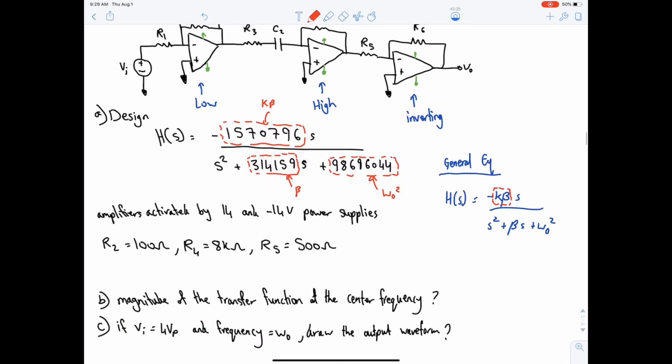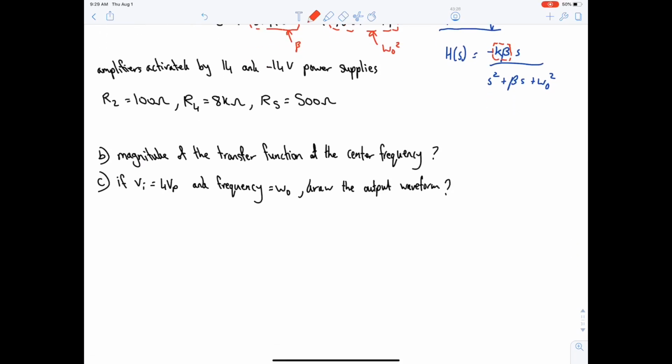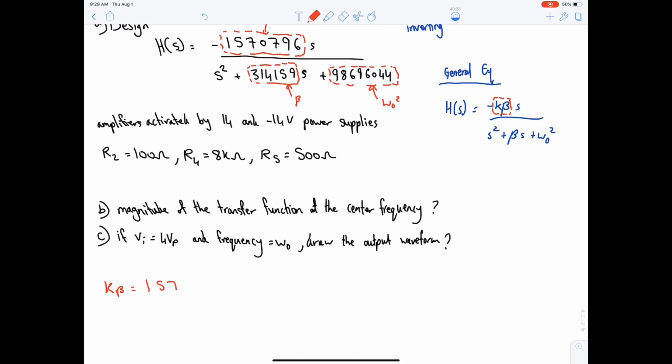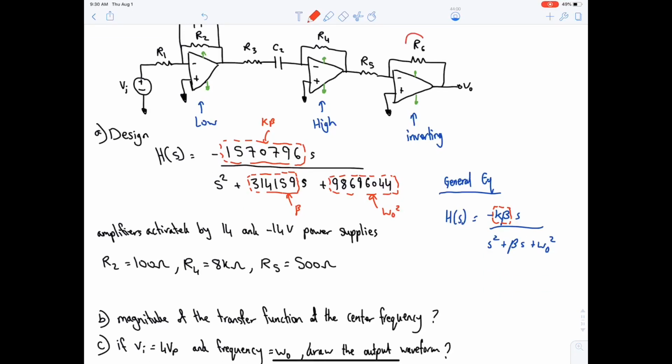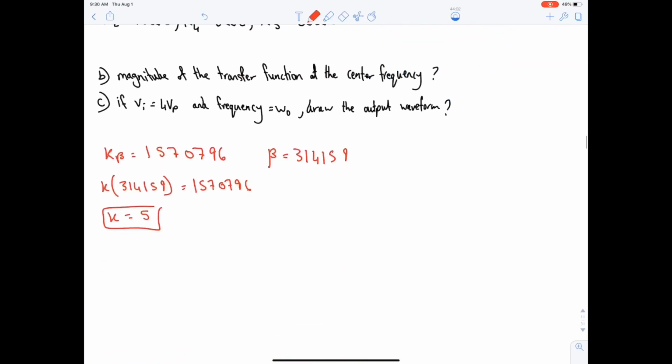So how can we find the gain? Look here. We have K beta equal to this long number, 1570796, and beta is 314159. So if you plug in beta, you will end up K equal to, just divide these two numbers and it will be equal to 5. We found the gain. Now what can we do with the gain? We know that the gain is for the inverting, so it will be R6 divided by R5.